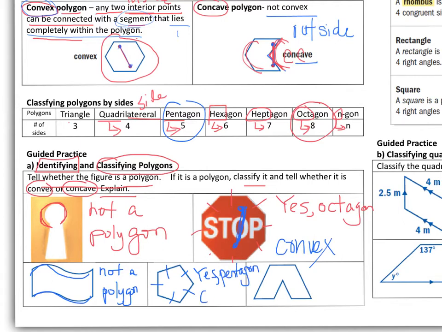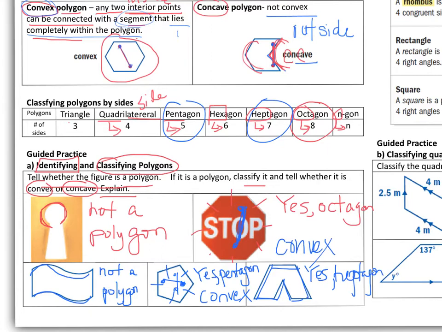Again, it's convex because I can draw 2 dots and form a segment inside, and no matter what I do, no matter where I draw this segment, it will always fall inside the polygon. Okay, and in the next problem, it's also, yes, a polygon, because there's no curves. Let's see how many. 1, 2, 3, 4, 5, 6, 7 sides. 7 sides, we call it a heptagon.